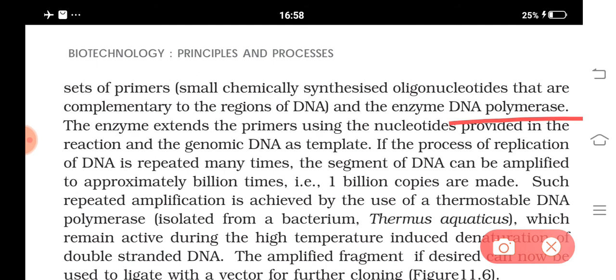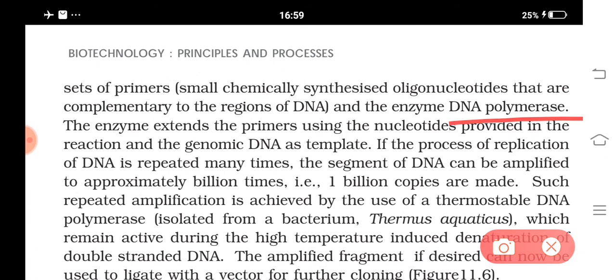Actually, even in DNA replication, we have not studied it in this standard, but in higher classes you will. So you can see that this DNA polymerase, if provided two primers which are complementary to the strands, two strands are there now in DNA, keeps on adding the nucleotides to those primers according to complementarity.